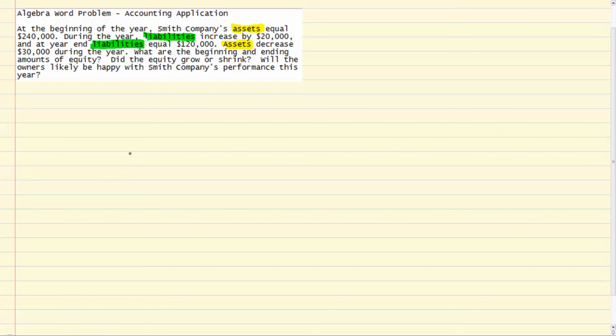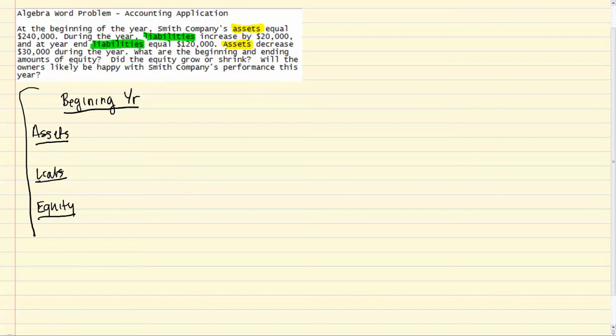Now, the setup here is key. Whenever you set up a balance sheet problem, it's for a point in time, so we're going to put beginning of year, and our assets, liabilities, and equity.